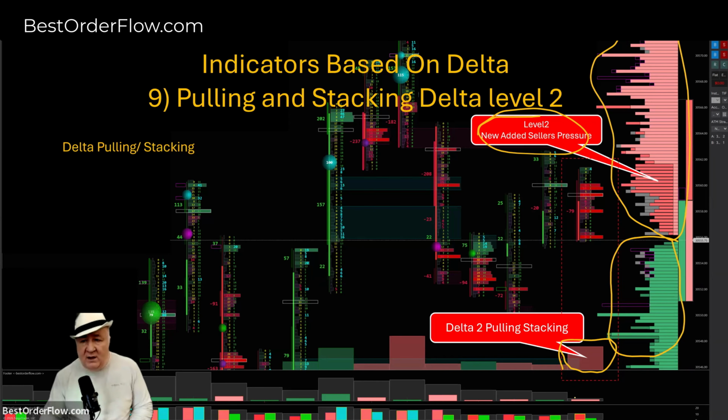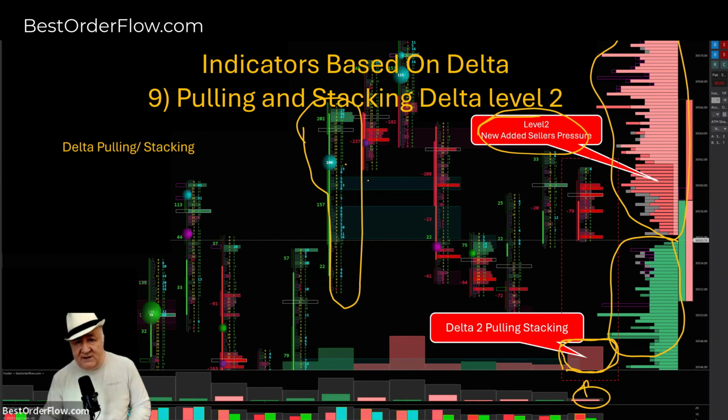And when I see that this is the delta level 1 behind the volume, and the delta level 2, now they're actually looking with the same color in the same direction. And this combination can be really something interesting to consider. Like you can see on this particular candle, there's a lot of delta 1.